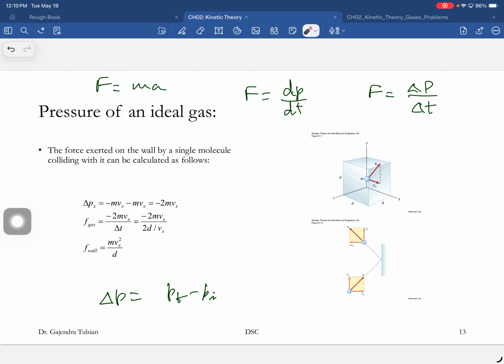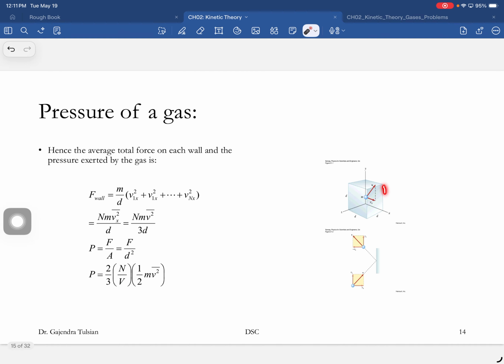The wall exerted a force on the molecule, and the molecule exerted a force on the wall. So this was the force on the gas molecule, and that was the force on the wall. The force that the gas molecule exerted on the wall is opposite of that: m v_x squared divided by d.